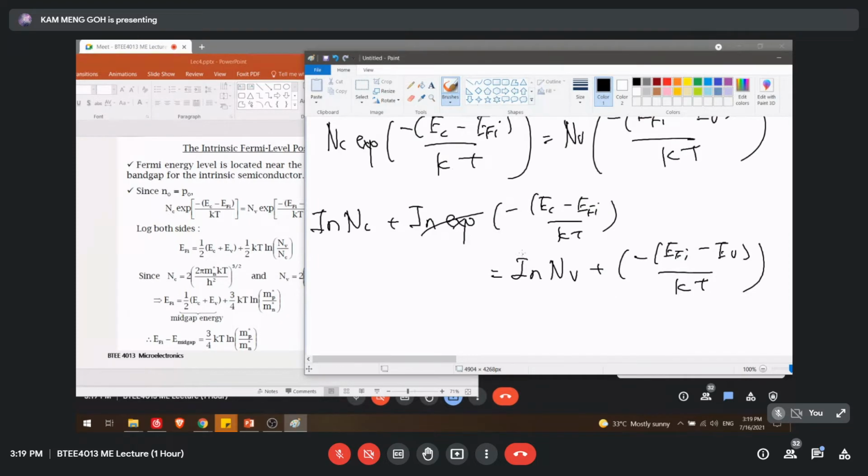Okay, then we carry things here and there. This thing we carry from one side to the other side. NC will be divided by NV. Or we move this to the other side, same thing. Okay, so this one will become EFI minus EV over kT minus EC minus EFI over kT.